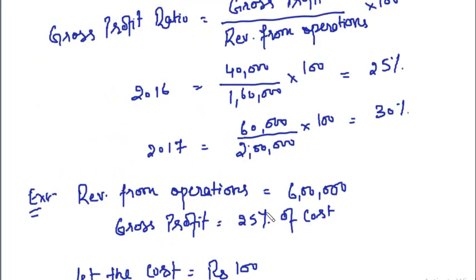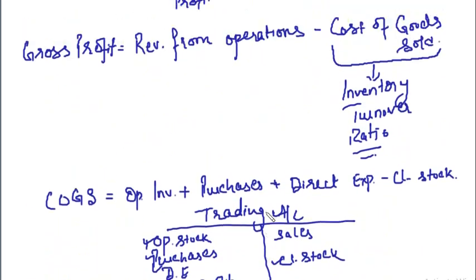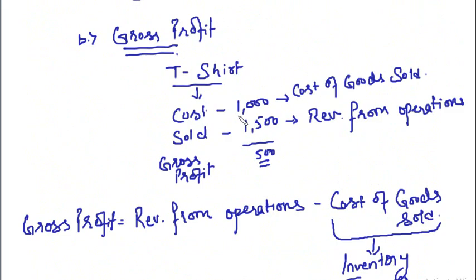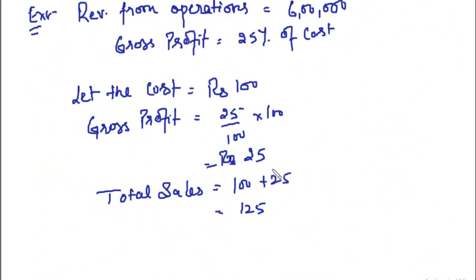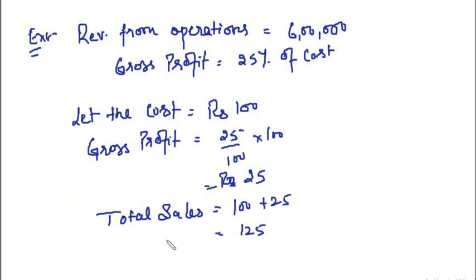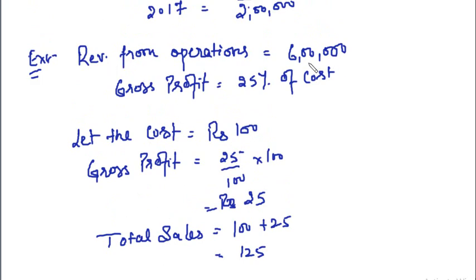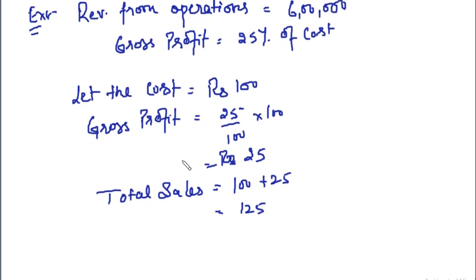This 125 is what? 100 cost plus 25 profit. Right? So that's how I can say total sales is 125. And here we are given the total sales is 6 lakhs. Right? So with simple mathematics, you can compare the things.